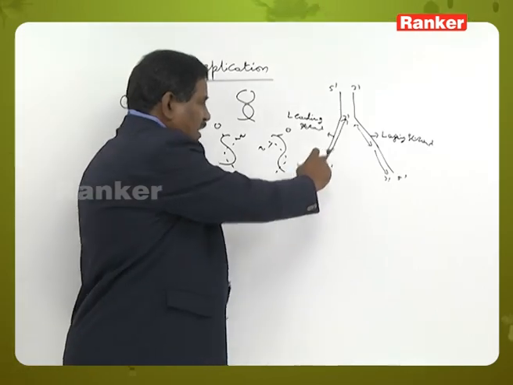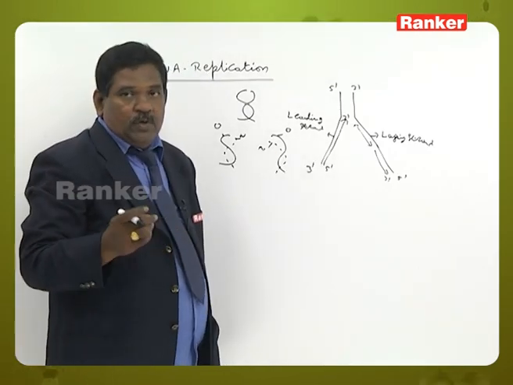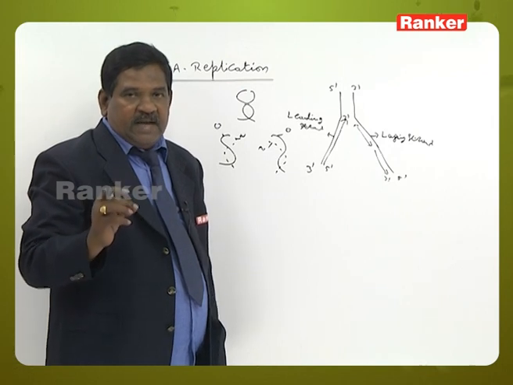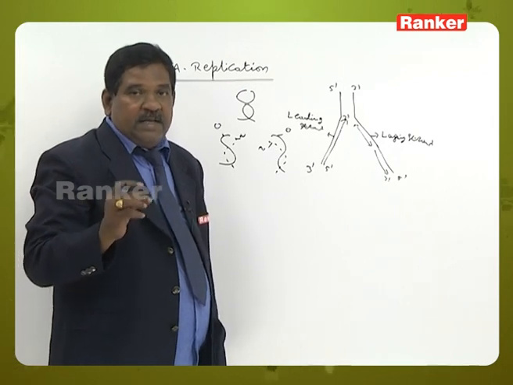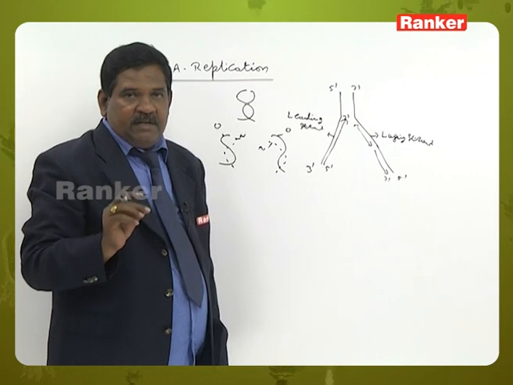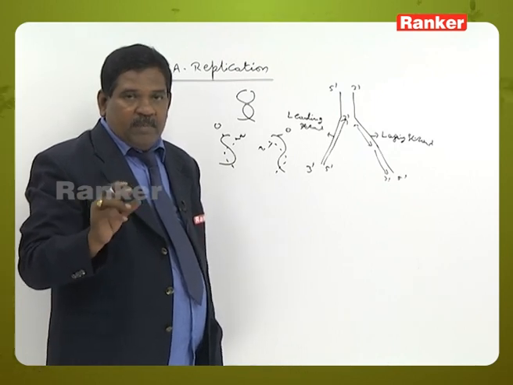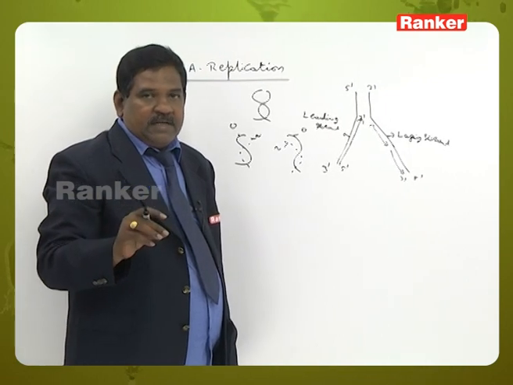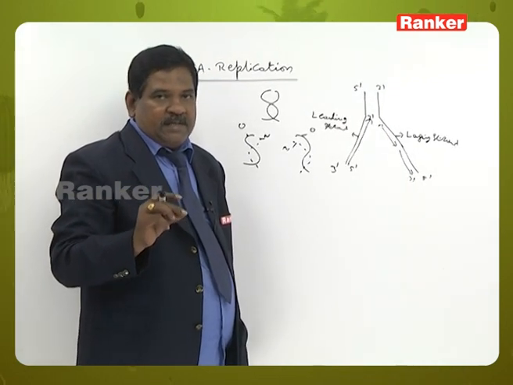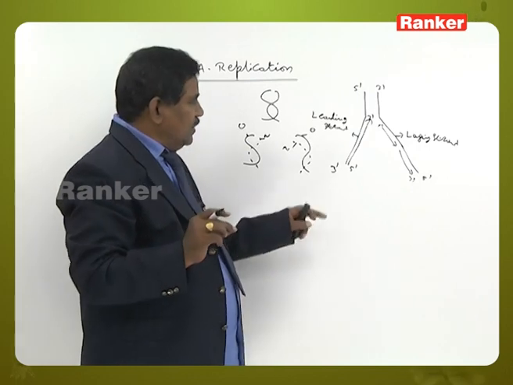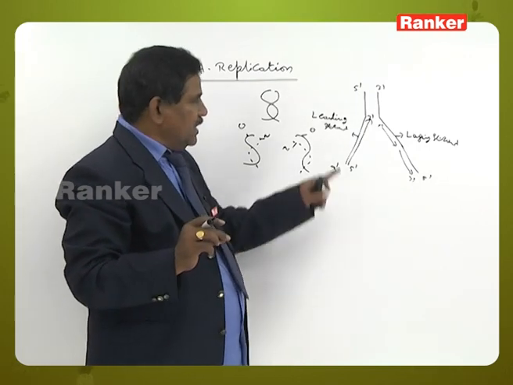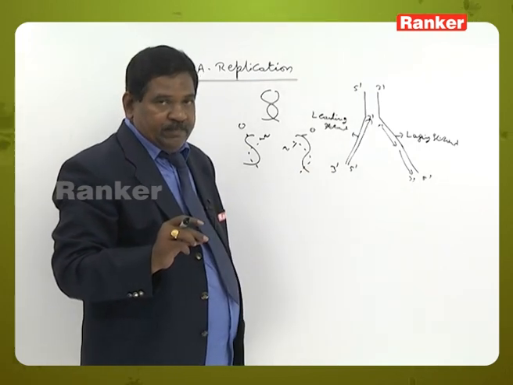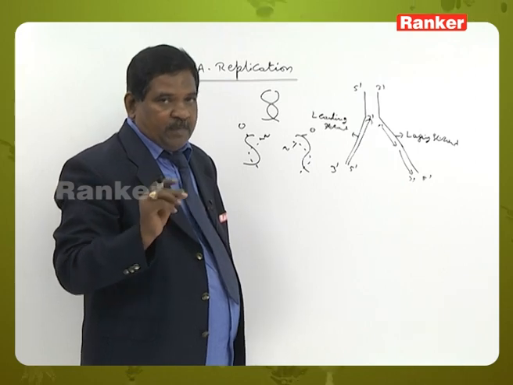For the formation of the new strand, nucleotides are attached. For the attachment of nucleotides, DNA polymerase is essential. DNA polymerase polymerizes the addition of the deoxyribonucleotides. So the 3'-5' template strand requires only DNA polymerase.